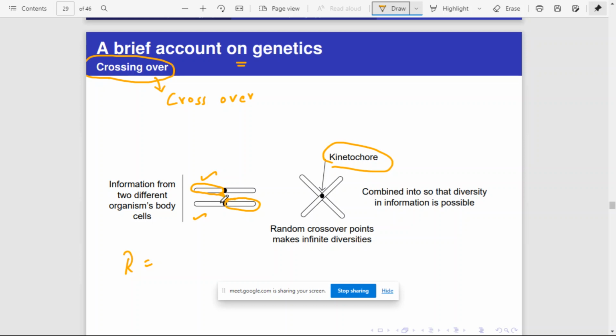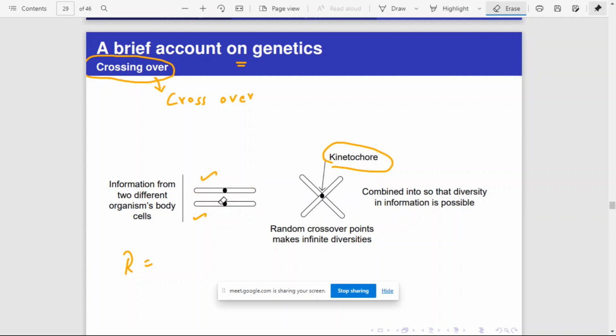Otherwise, it can take the first set of chromosomes from this parent and the next set from the other parent. It may take any one of these combinations. So this is called crossover.